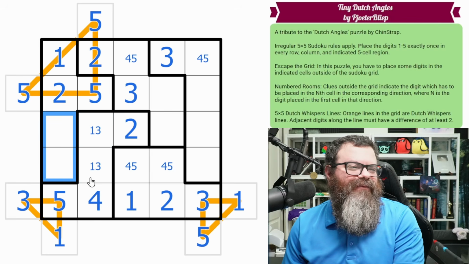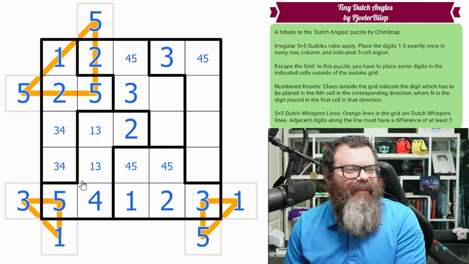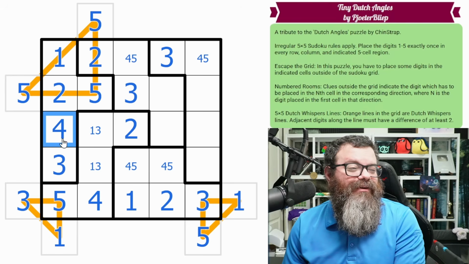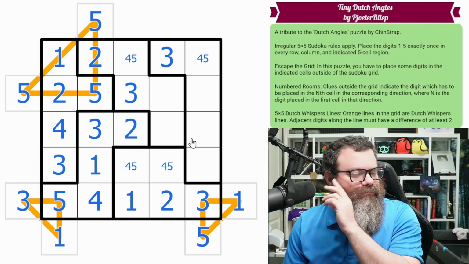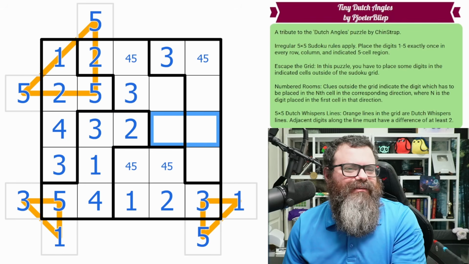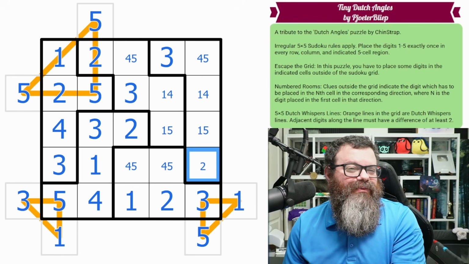This is a 3-4 pair. 4-5, 1. Oh, 4-5 pair tells us that's 3, that's 4. That gives us the 1 and the 3. Okay. This is a 1-5 pair. This is a 1-4 pair. 1-4-5. This is our 2.